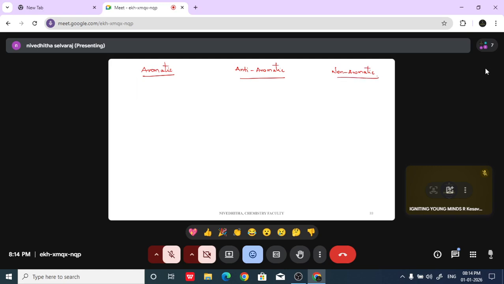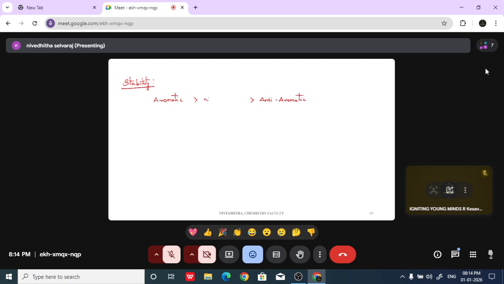There is a condition to find whether it is aromatic, non-aromatic, or anti-aromatic. If the compound is aromatic, as I've told you already, the stability of an aromatic compound is extremely high. If the compound is anti-aromatic, then it is highly unstable.